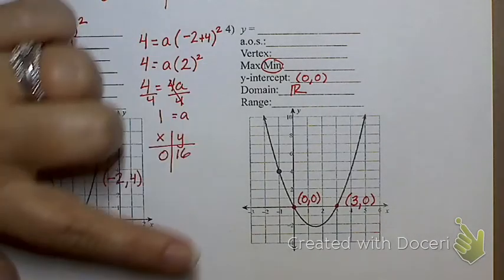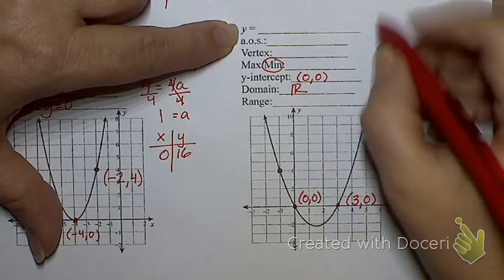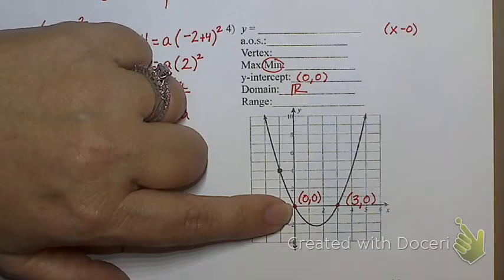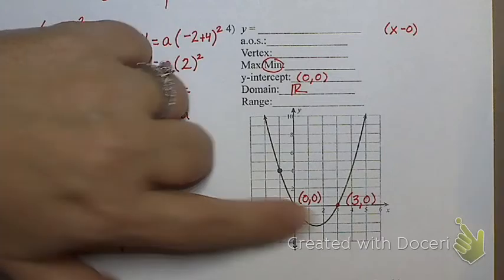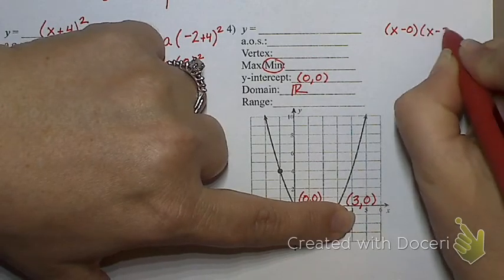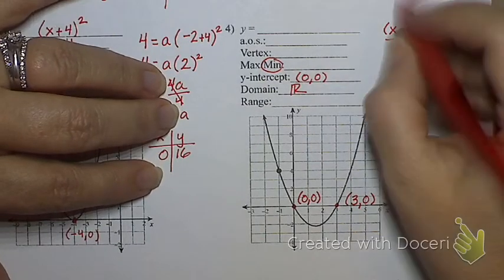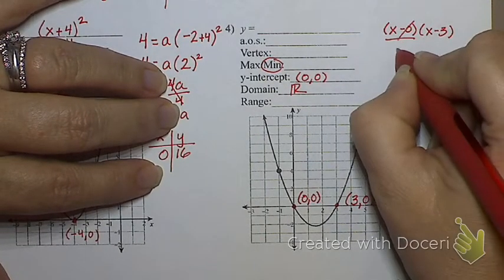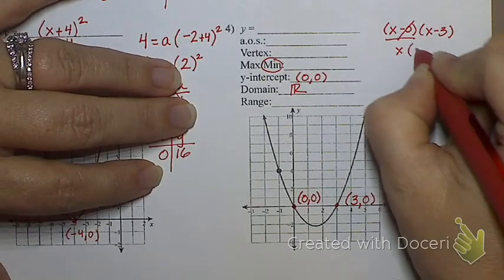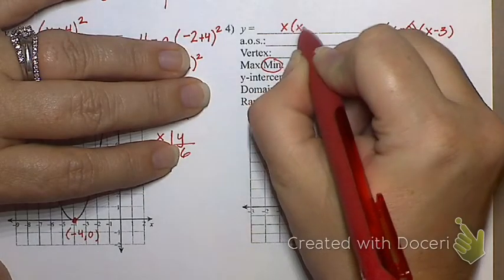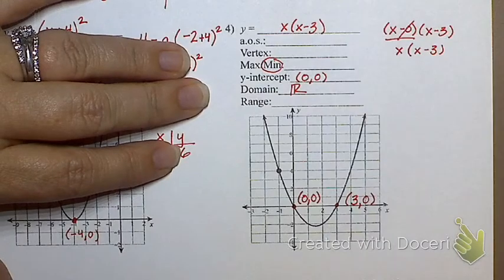Okay, so how do I write my equation? I don't think that I should be writing x minus 0, right? Just x. I understand the x minus 3, but x minus 0 doesn't seem reasonable. Just put x outside. Because what is x minus 0? It's just x. So I'm going to write x and x minus 3, and now I'm going to find my a value.